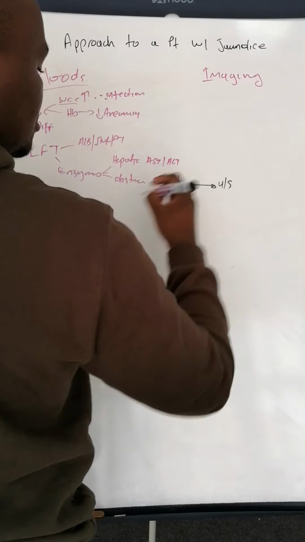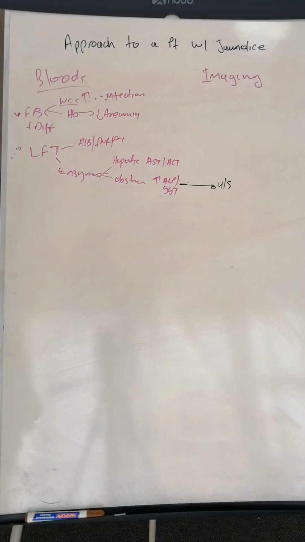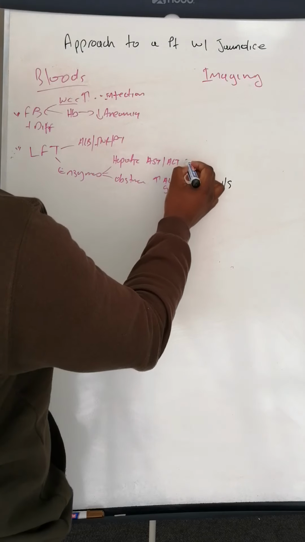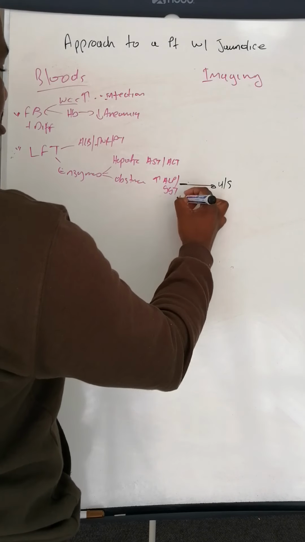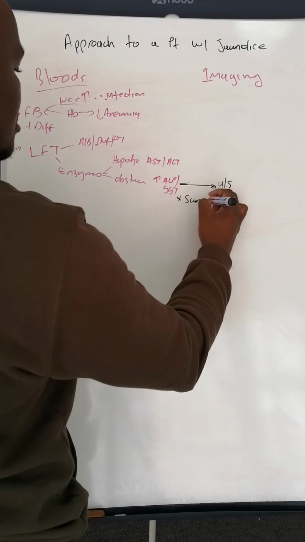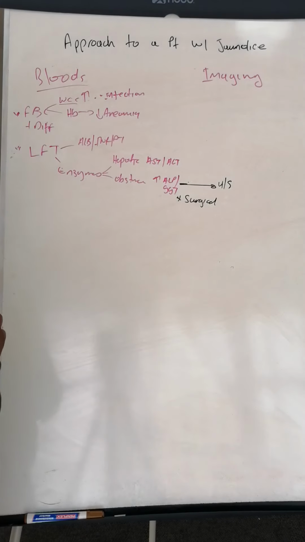This patient needs an ultrasound, because you want to know where the obstruction is in the biliary tree. First of all, is it inside the liver itself? Because you can have obstruction inside the liver itself, or is it an obstruction in the biliary tree? So you can do the ultrasound. This patient basically becomes a surgical patient, especially if the obstruction is in the biliary tree.